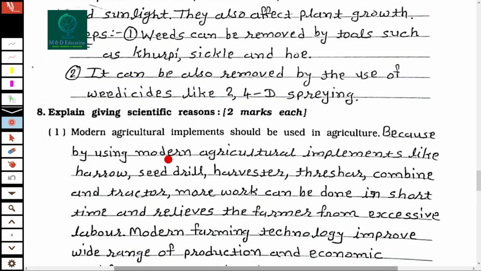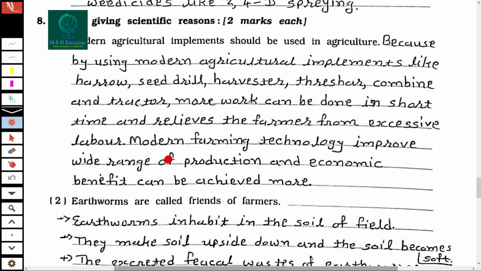Okay. Now the main question number 8, explain giving scientific reason. Now the first scientific reason is, modern agricultural implements should be used in agriculture. Why?